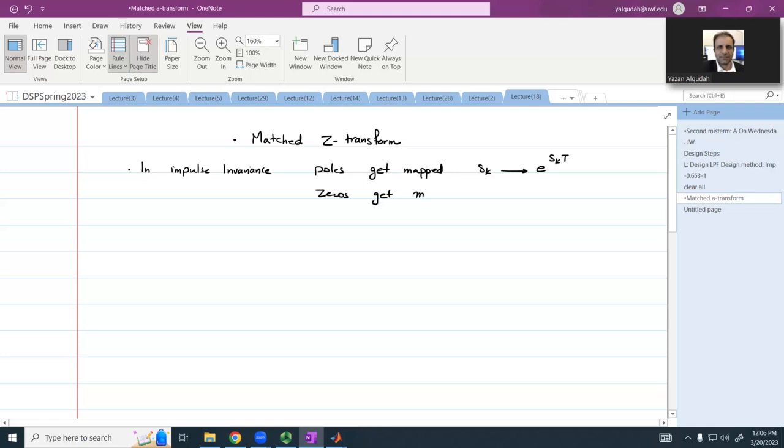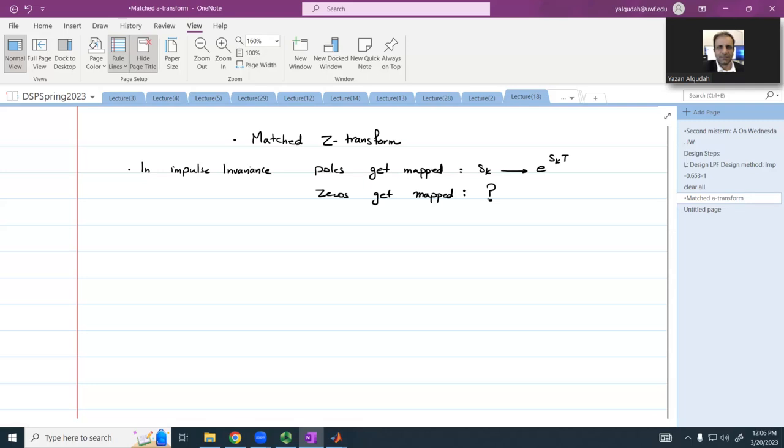Now if I have zeros, we do not have a direct mapping of these zeros from the s domain to the z domain. We have not seen zeros in the previous example, but in general, if there are zeros, where they get mapped will depend on how we do the partial fraction expansion.